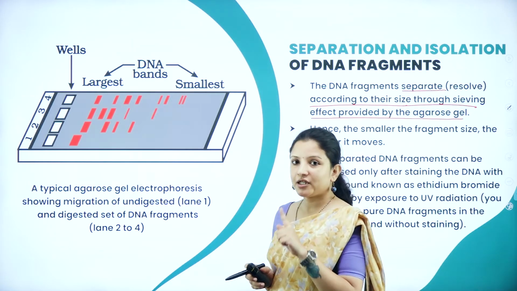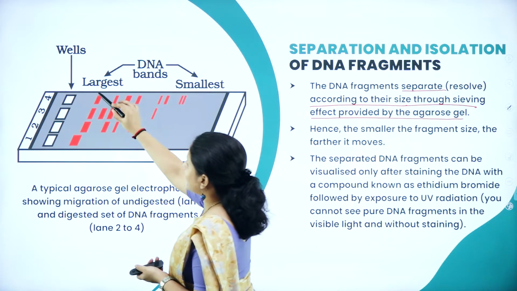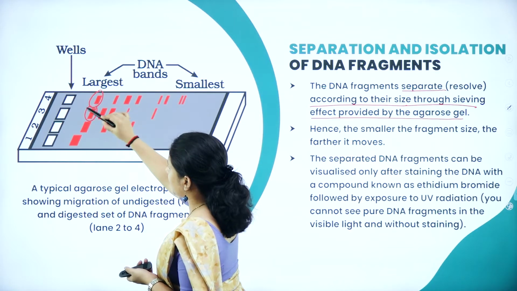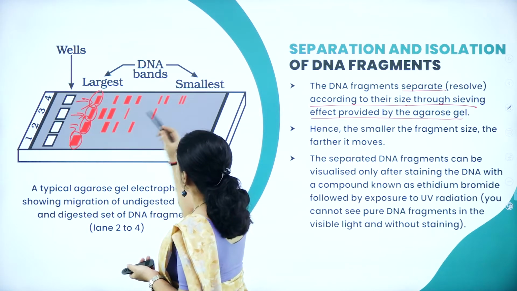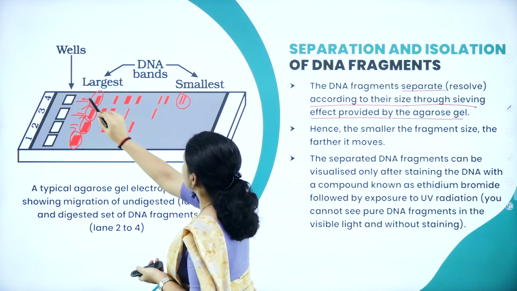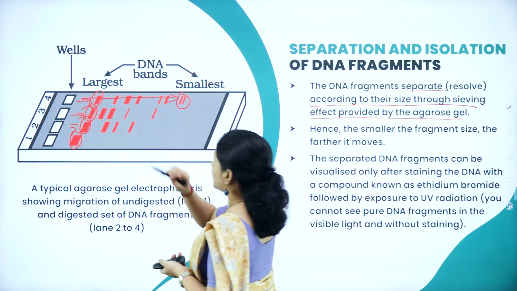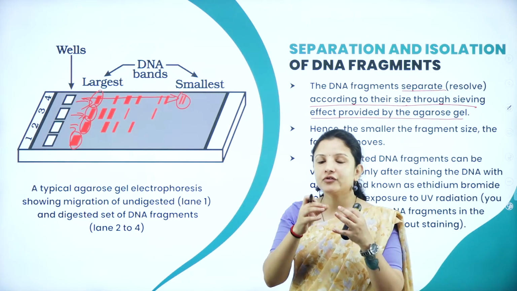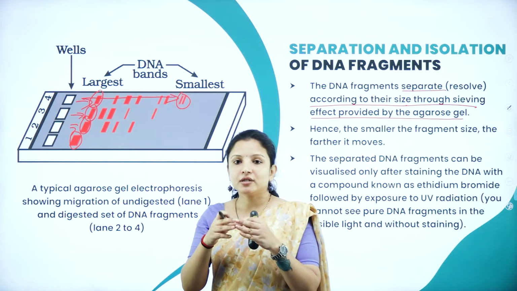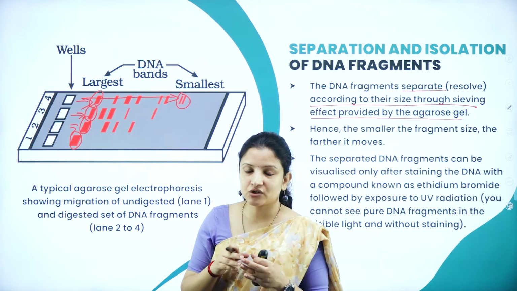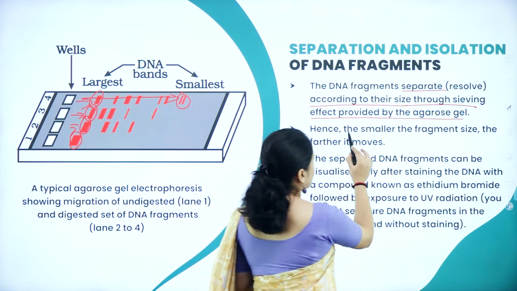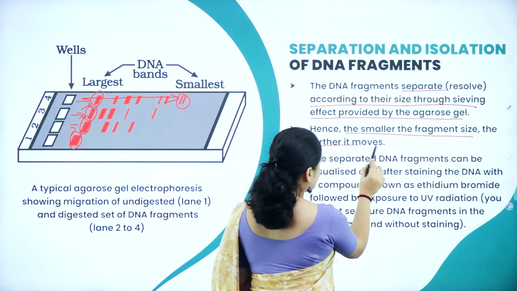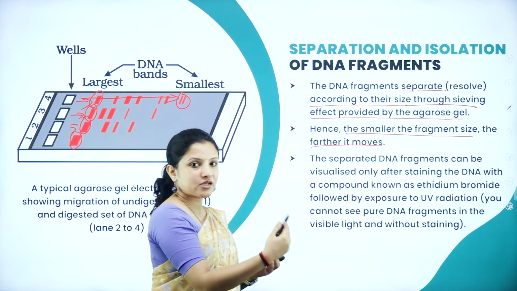Similarly here also, those strands which are large, which are heavy, will move only a short distance, and those which are very light will move a longer distance. So, based on the size or weight of the strand, the DNA strands will get separated. Hence, the smaller the fragment size, the further it moves.